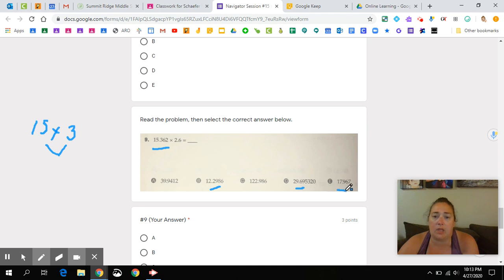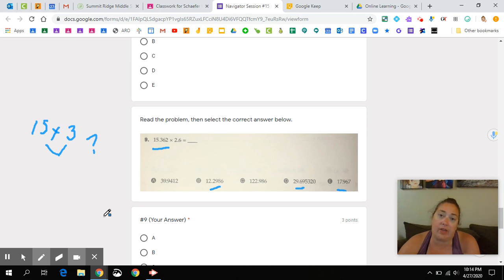And then maybe some of these choices that are too big. To help me think about what would be a good answer for this without even having to do any multiplication. So if you can eliminate answers and save yourself the trouble of having to do a big multi-digit multiplication, then that's okay. That's using good number sense.